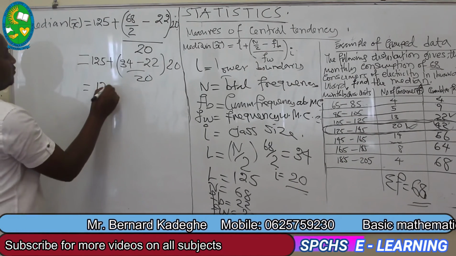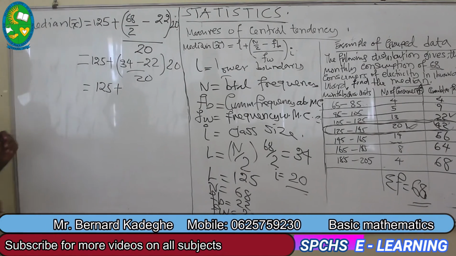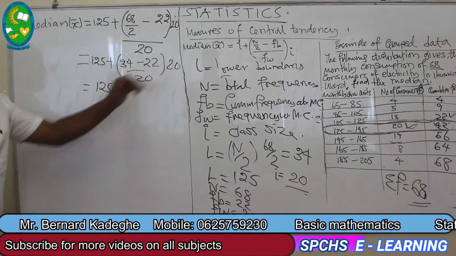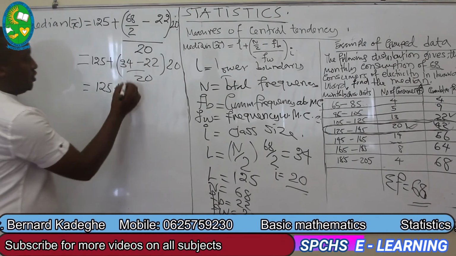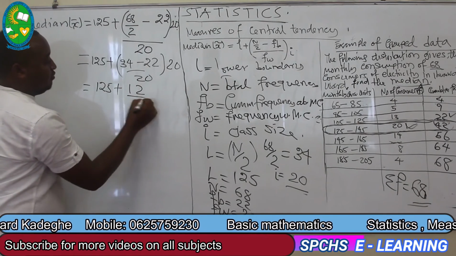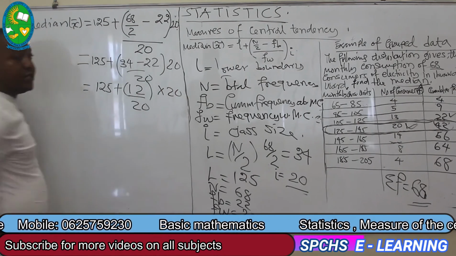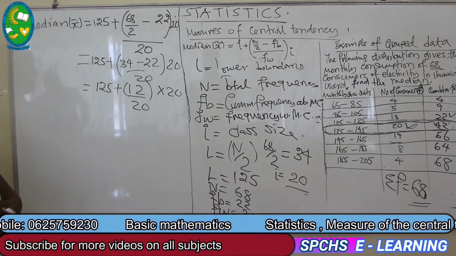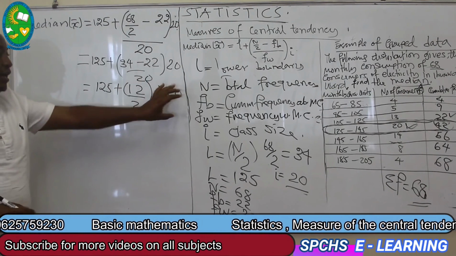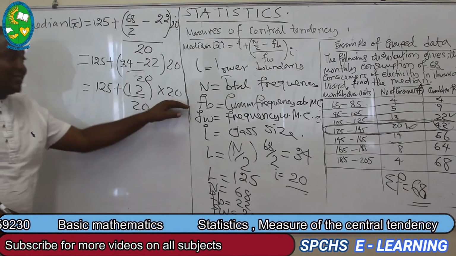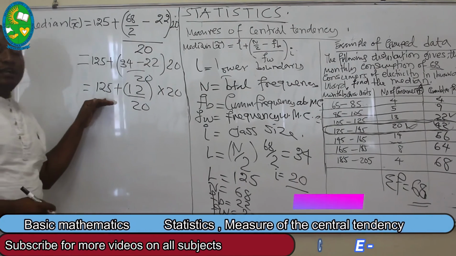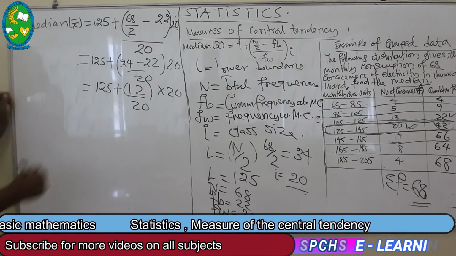This is 125 plus 34 minus 22 is 12, divided by 20, times 20, right? So we first multiply by the class size before adding the lower boundary.